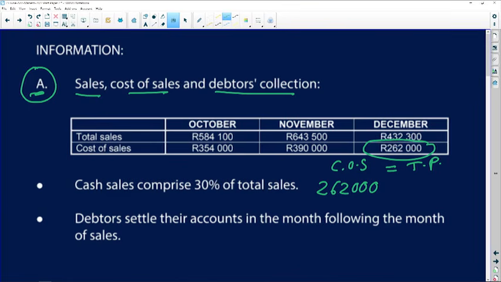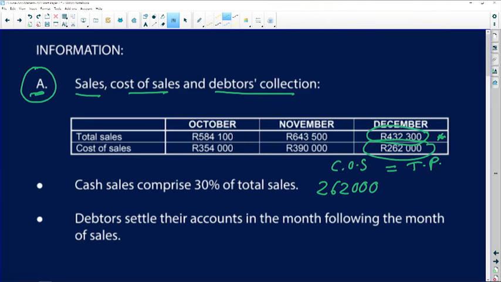For the month of December, remember I'm looking at my total sales, which is an amount of 432,300. However, let's look at how your debtors settle before we use December, because we may have to use another month.